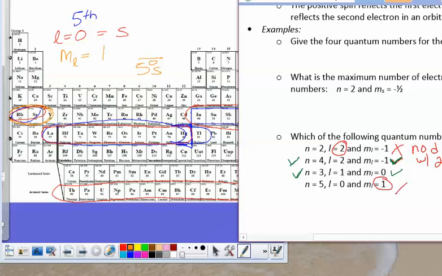So this one gets a big red X, because if you're in the S, you can only have an m sub L of 0. In order to have an m sub L of 1, you would need P, D, or F, so 1, 2, or 3. So it's kind of going through the process of elimination. I think using the periodic table is the easiest way to do it. If you could just figure it out by looking at it, that's fine too.